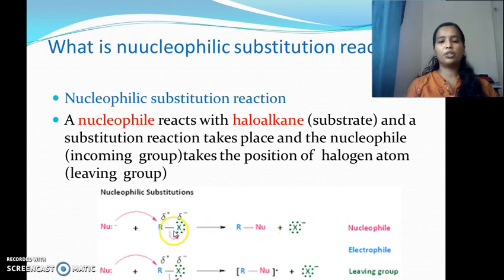And the halogen atom, which is the leaving group, departs as halide ion. So here a substitution reaction takes place: the nucleophile gets attached to the alkyl group, forming a compound, and the halogen atom departs as halide ion. Since a nucleophile is involved, it is known as nucleophilic substitution reaction.